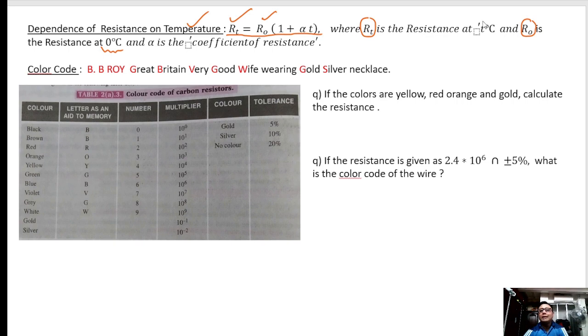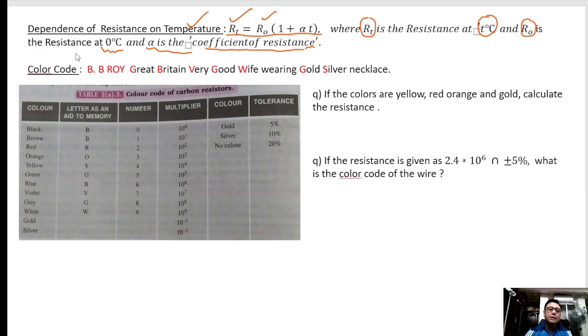What is the relation between them? RT equals R0 times (1 plus alpha T). And alpha is the temperature coefficient of resistance. Please keep this in mind. This is the formula between the resistance and the temperature.